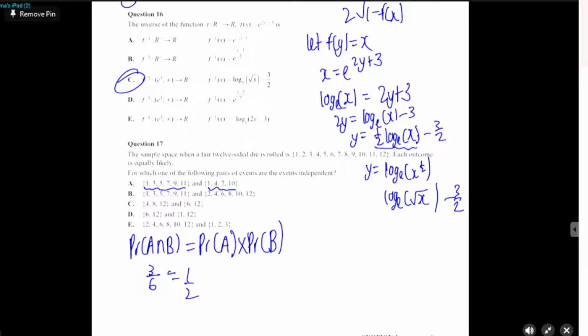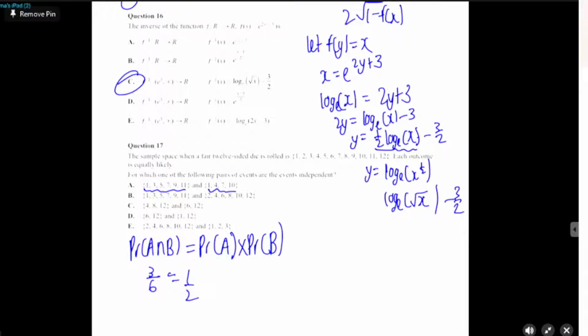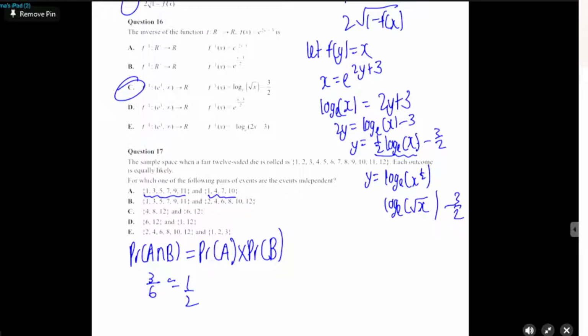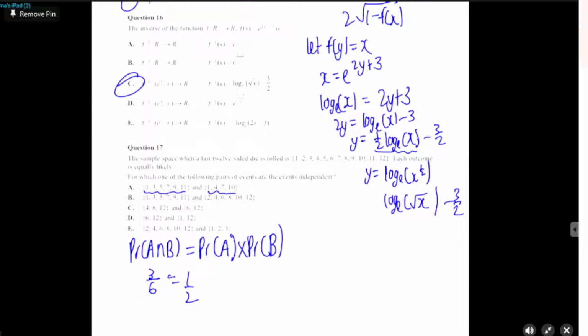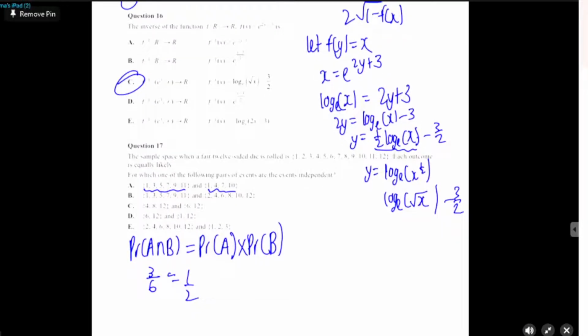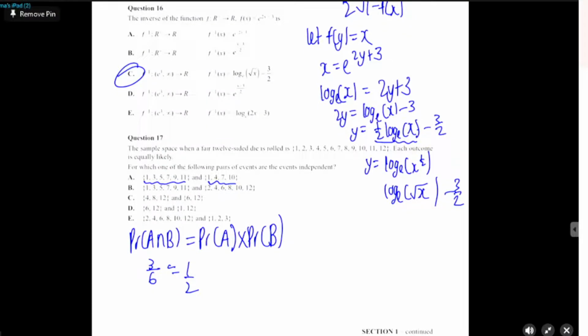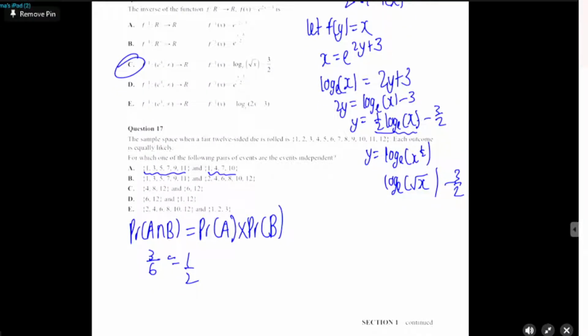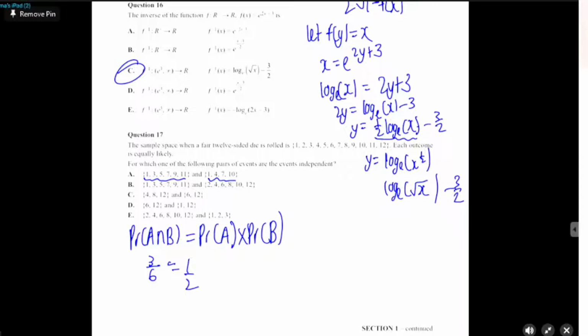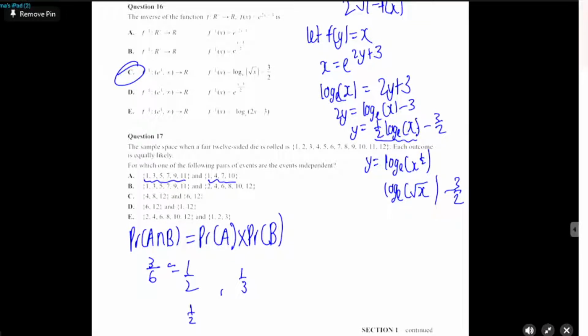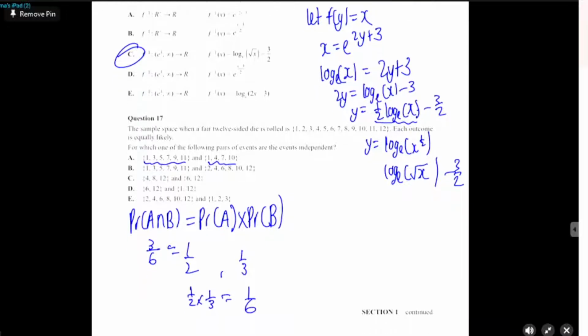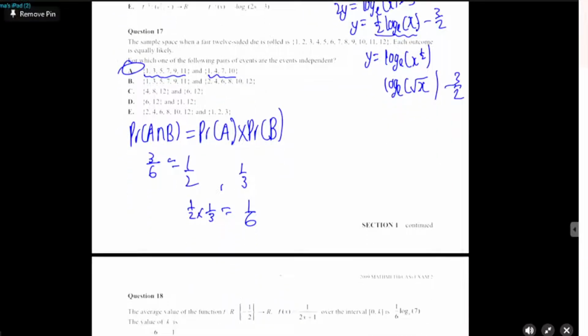Oh, hang on, it should be 2 over 12. Sorry. And then B is 1/3, and then when you multiply them, it becomes 1/6. Yeah, that's right. And so because of that, A is the only one that works.